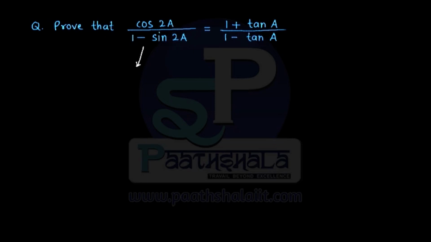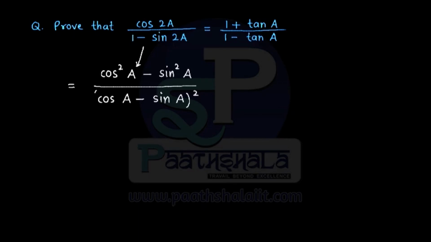So therefore we use the double angle formula. So cos 2a can be written as, we have seen, cos square a minus sin square a. If you remember, there are 4 different forms of writing cos 2a, out of which we use the cos square minus sin square. And 1 minus sin 2a can be written as cos a minus sin a the whole square.